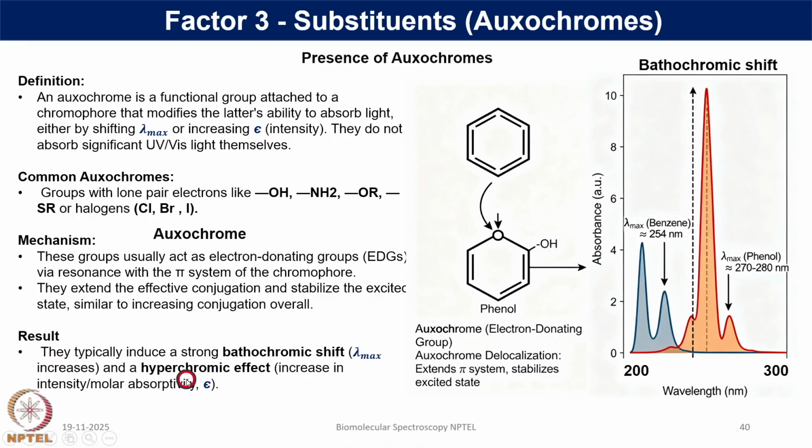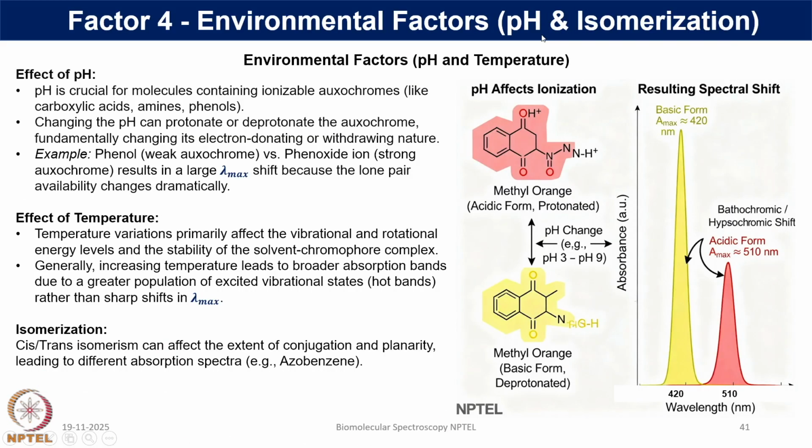So lambda max increases, and a hyperchromic shift is an increase in intensity. You can see here the intensity has increased because of the molar absorptivity. So an auxochrome shifts the absorption and can also increase the intensity.